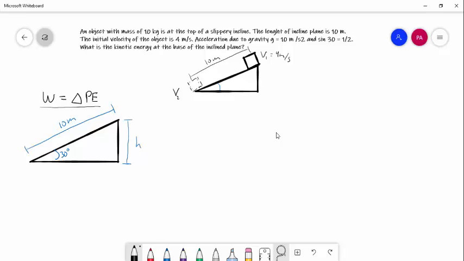So how do we find the height? We can use trigonometry. Sin 30 degrees equals 1/2, and sin 30 degrees is also h over 10 meters. So 1/2 equals h over 10 meters, so h is 10/2, 5 meters.